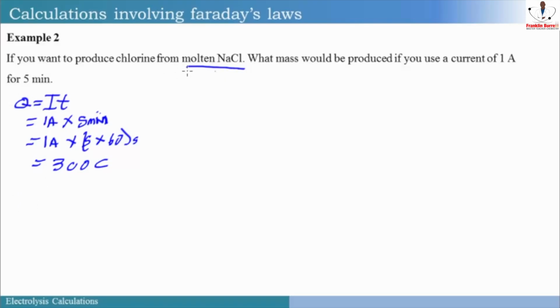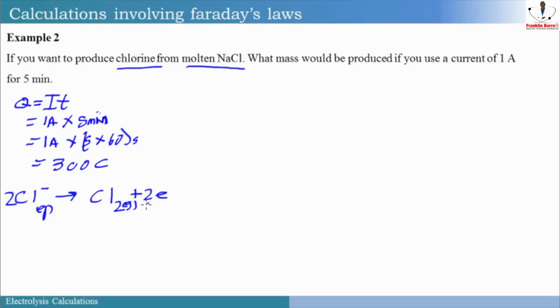Now we need to understand that our molten electrolyte, what we want is chlorine. So from that, we know that Cl minus will be oxidized to form Cl2. So we must add electrons here. And we know this already from our experience with electrolysis of various substances.